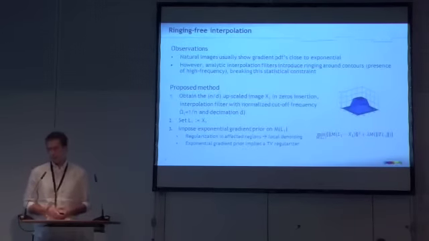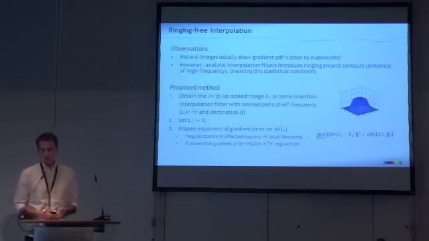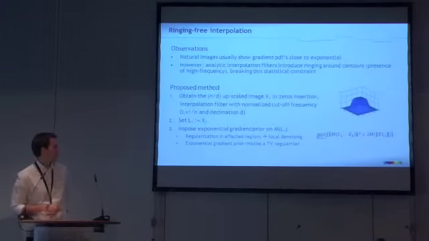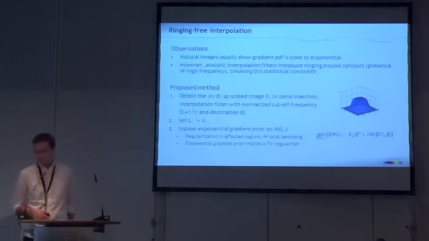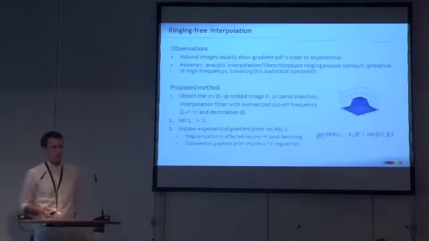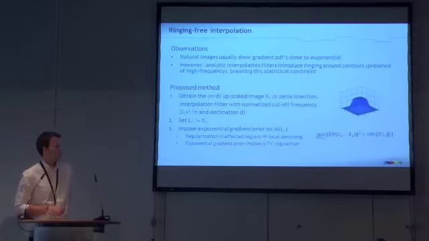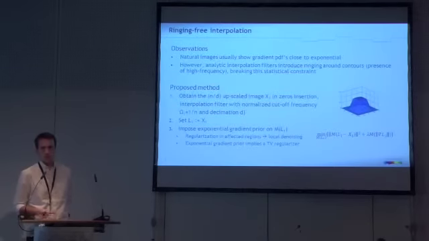The next step in the algorithm, as I mentioned, is to obtain the low frequency band of the upscaled image. We do this basically by applying an interpolation filter after zero insertion and then applying a decimation. However, by doing so, it's very likely that we introduce ringing in the interpolated image, because such a filter is eliminating the high frequency bands, and therefore by that phenomenon, this is going to appear.